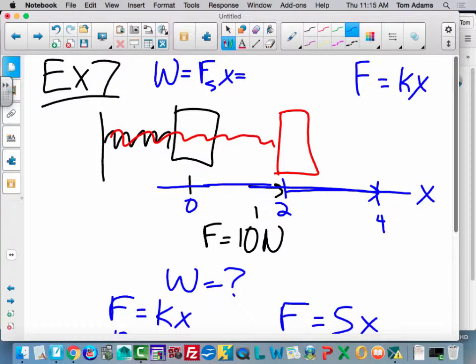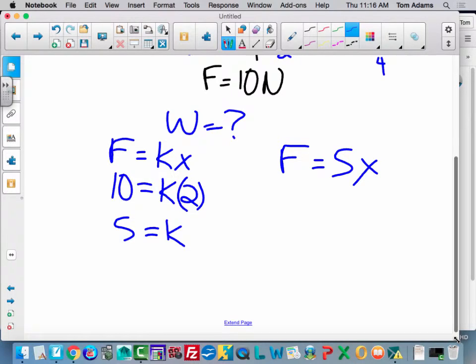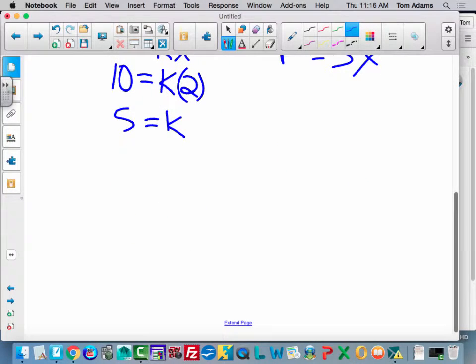So what I need to do then is come down here before I really get confused. What would be the force? How much force would be required to move it to 4 meters?